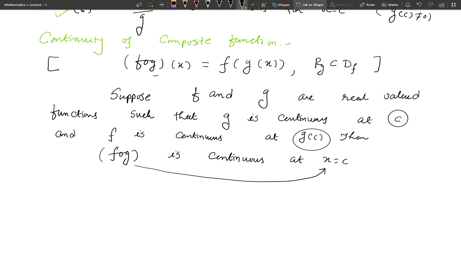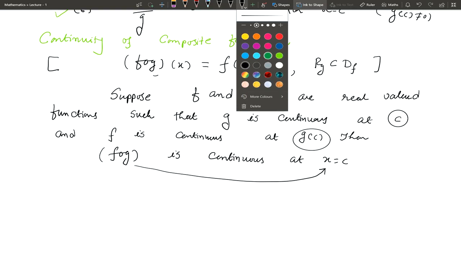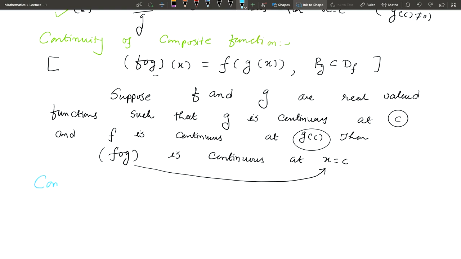This rule says that composite function of two continuous functions is continuous.